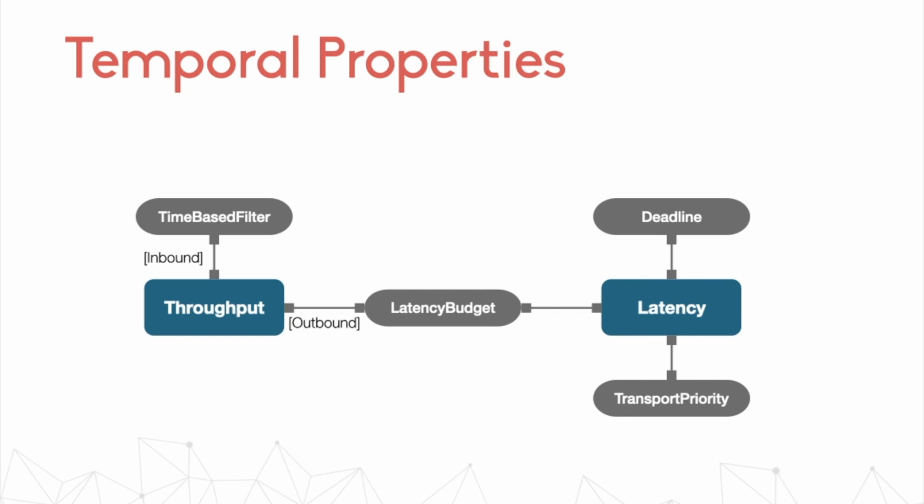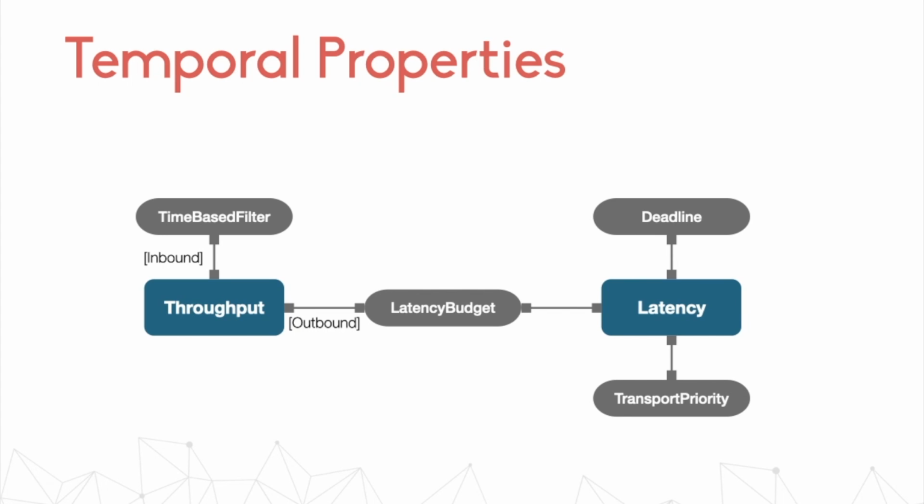The trade-off between throughput and latency can be controlled by means of the latency budget. A latency budget of 0 means always send data on the network immediately, which means optimize latency. But sometimes that is to the detriment of throughput. So latency budget allows you to decide whether you want to exploit some temporal locality to pack up bigger packets and send more data on the wire at once.